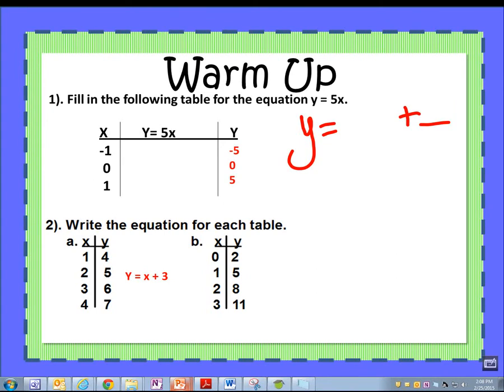So what Sam just said was whenever we have 0 for our x, the only option is a 2, because if this is a 0, it doesn't matter what this is going to be. No matter what, when you multiply anything times a 0, you're going to have 0. So we know that it's going to be something plus 2. So we have y equals something x plus 2.